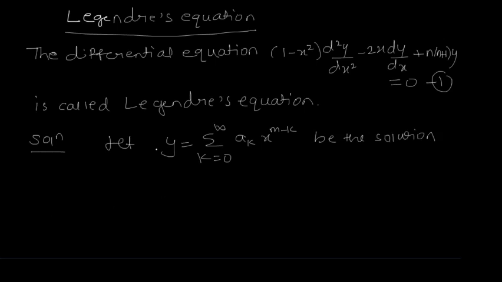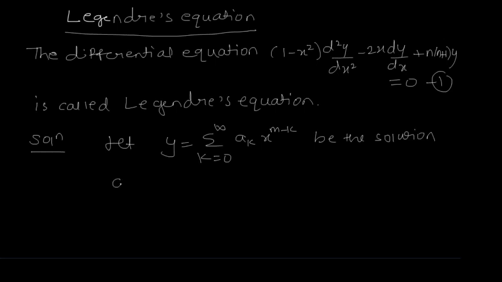Now we substitute this in equation 1. To substitute this in the equation, we need to obtain d square y by dx square and dy by dx. So let us obtain those derivatives first.